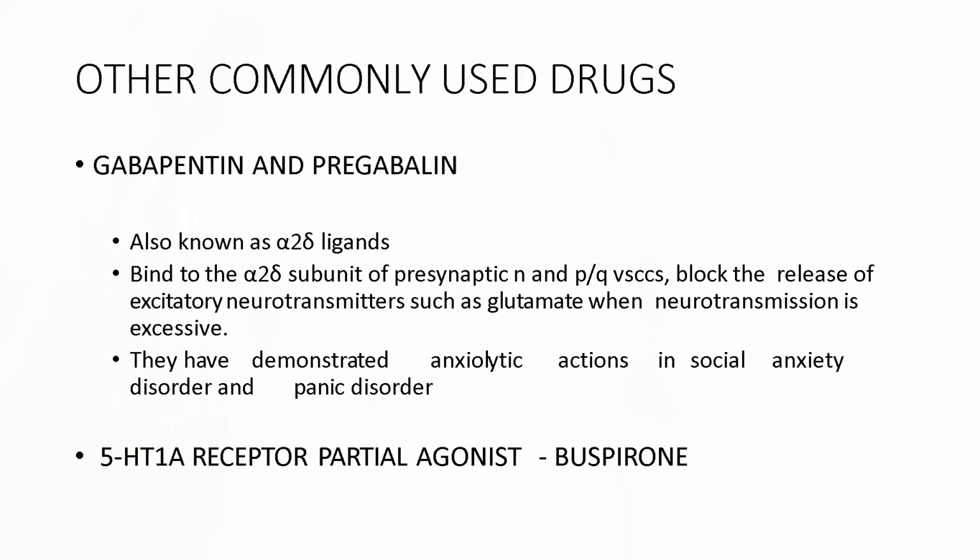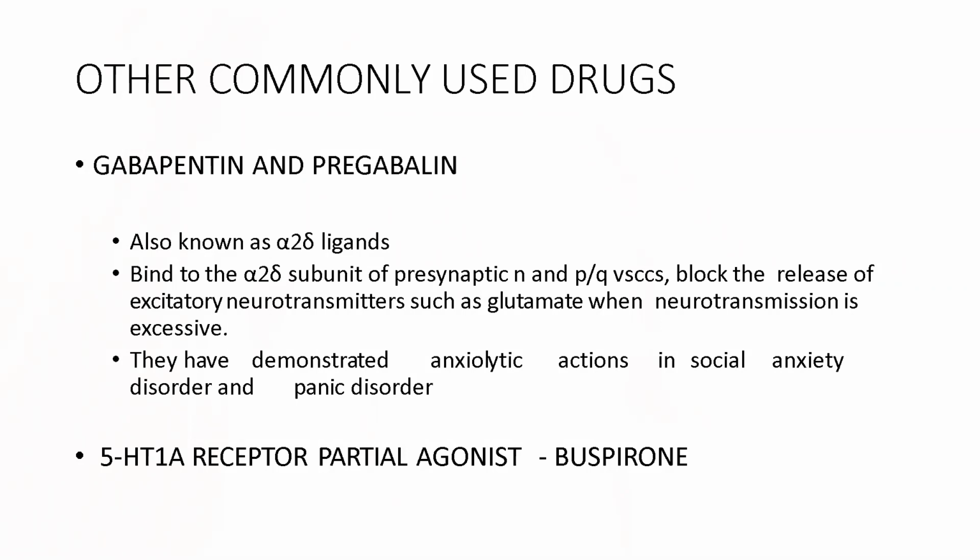And apart from these, some other commonly used drugs are available, like gabapentin and pregabalin. They are also known as alpha-2-delta ligands. They bind to this subunit at presynaptic sites and block the release of excitatory neurotransmitters like glutamate.